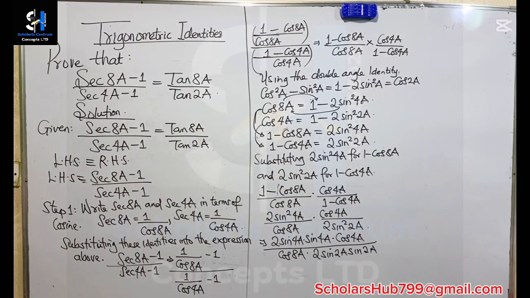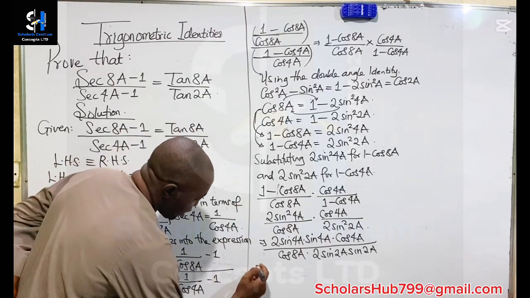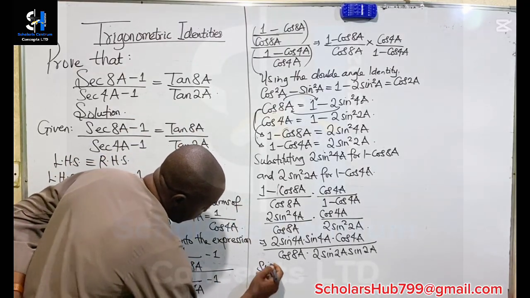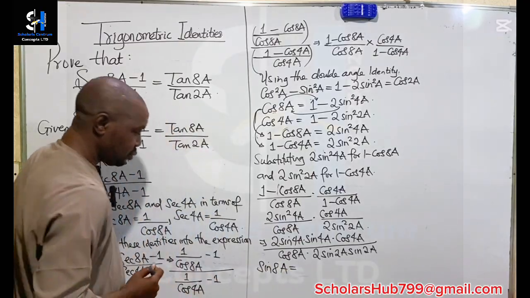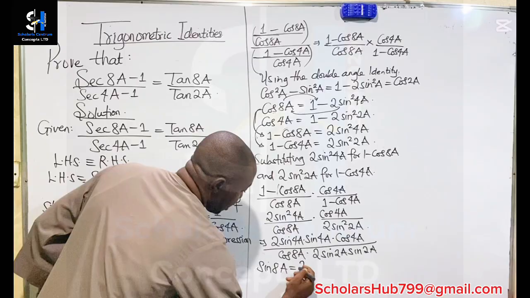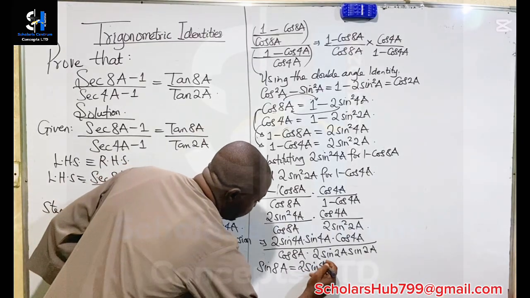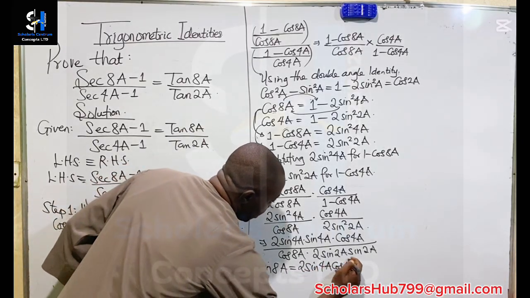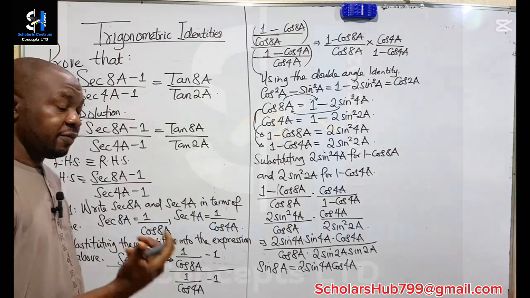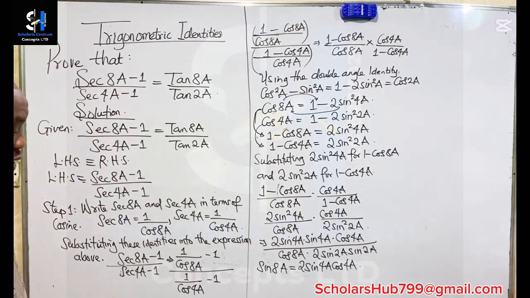Now it is also important to note that sine 8a, using the double angle identity, is equal to 2 sine 4a cos 4a.